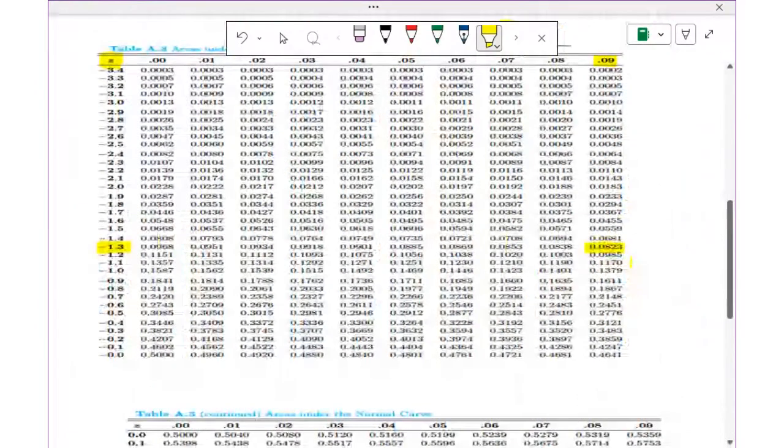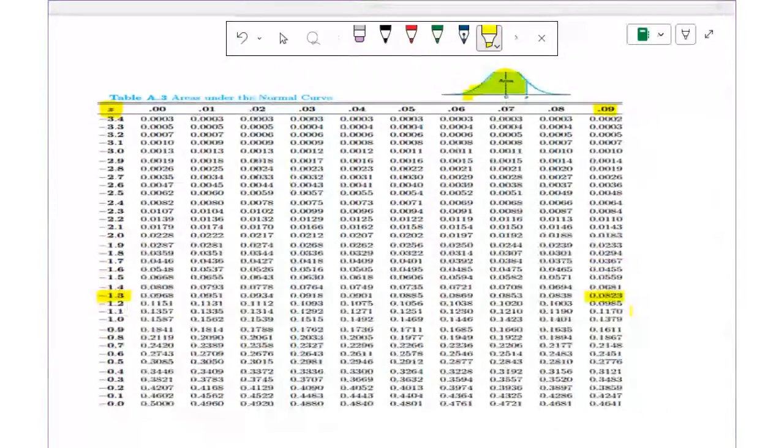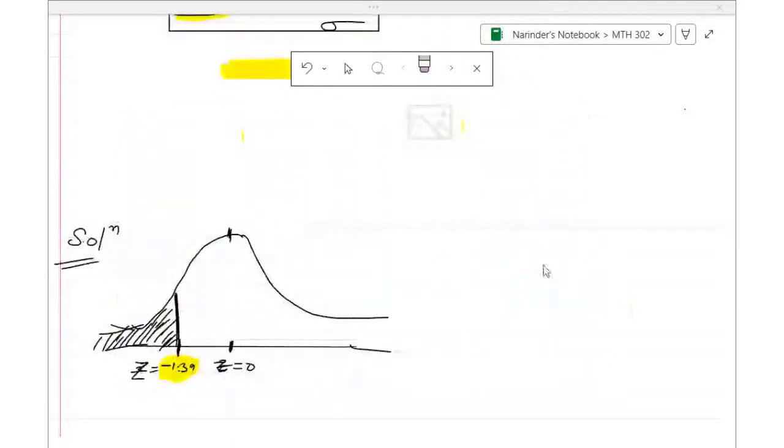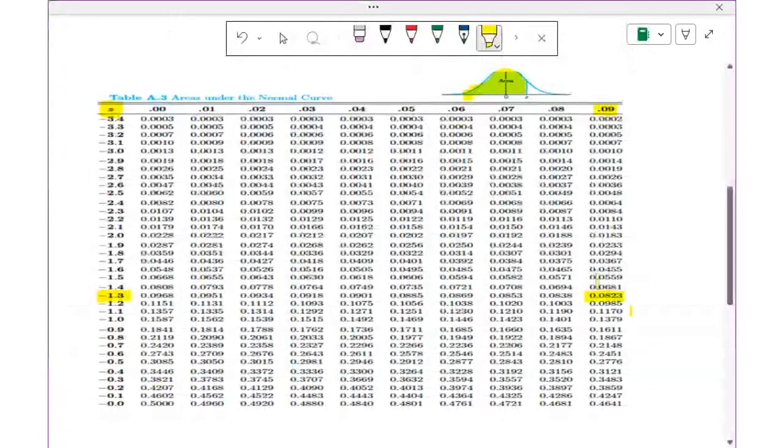So students, is this clear how I am finding out the left side area using this second table? Is this clear to you? Or should I repeat this? Okay, so the answer of the first part. Let me check, I forgot the answer. The answer was 0.0823.